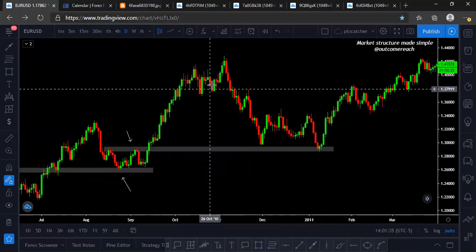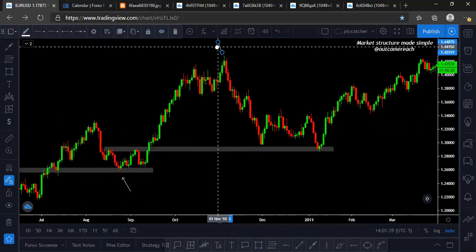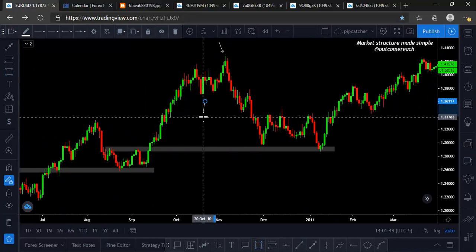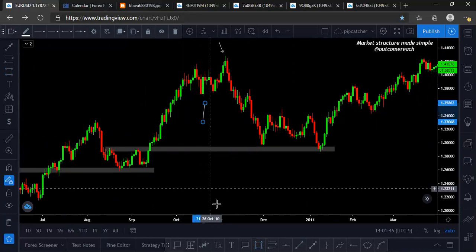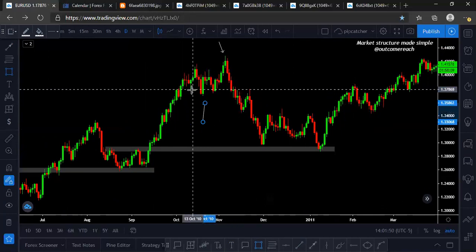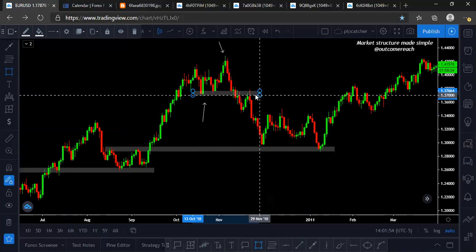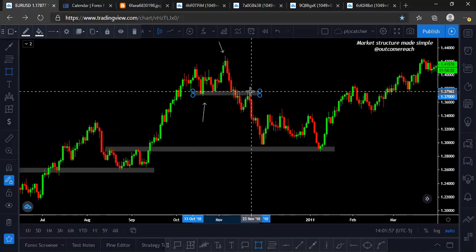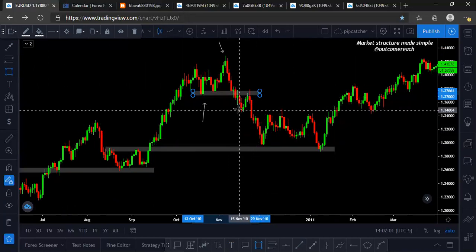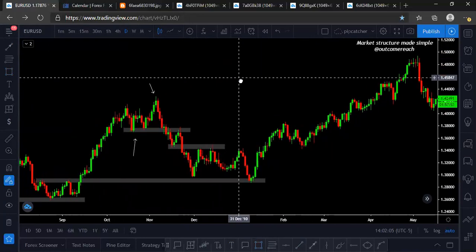You can see also up here, there was a high, and then there was this low that got created. The market broke through this structure, and you can see it retested. So structure tests structure, structure breaks structure, and retests structure.